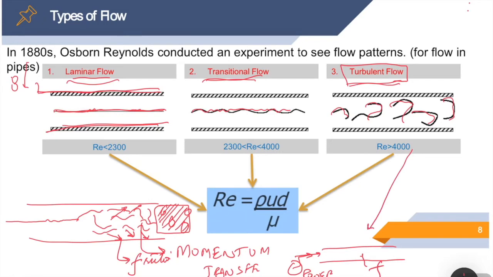At which values of Reynolds number does the flow change? For a Reynolds number less than 2300 the flow is laminar, between 2300 and 4000 the flow is transitional, and larger than 4000 is turbulent flow. So what is this Re?